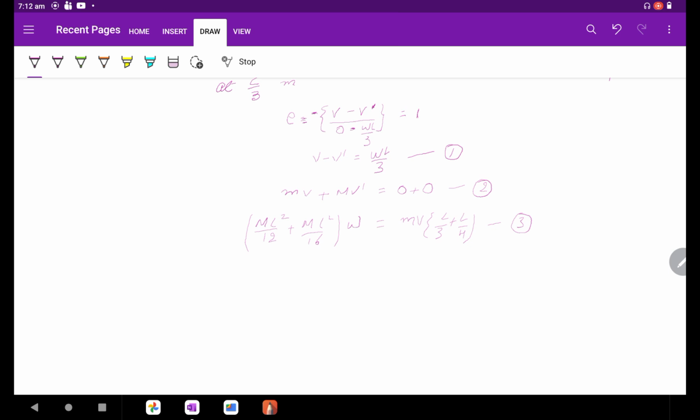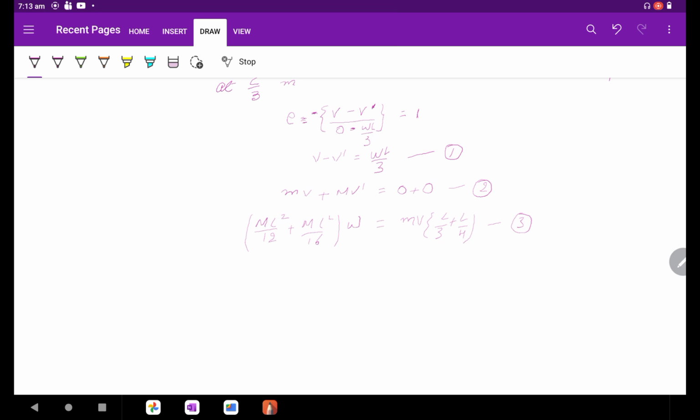Now what? We can get a relation between v prime, small m, capital M from equation number 2. So let me change for v prime or v.